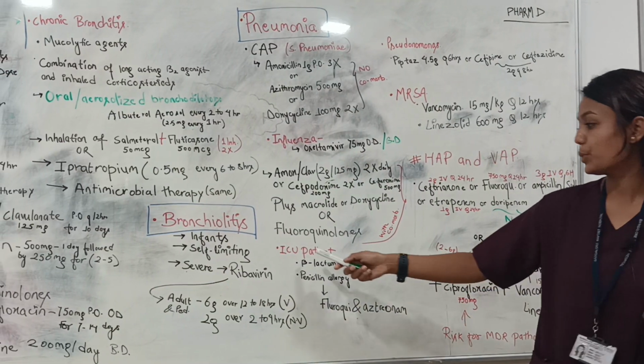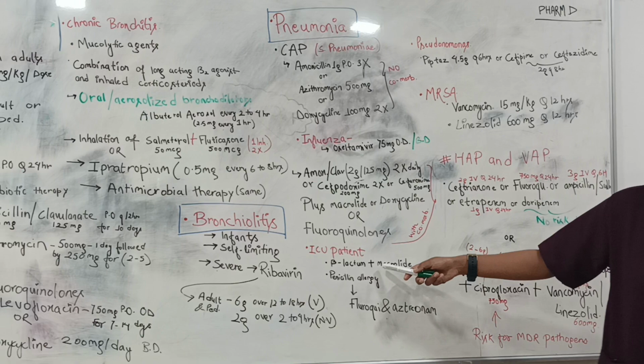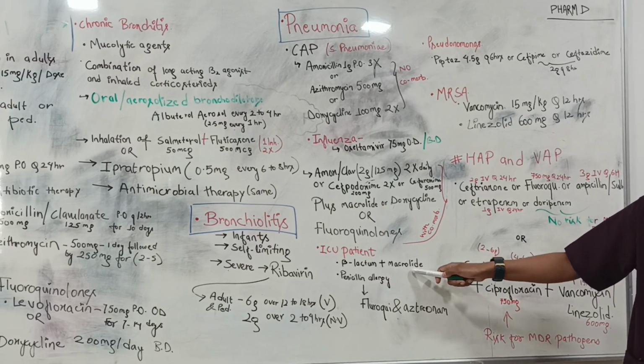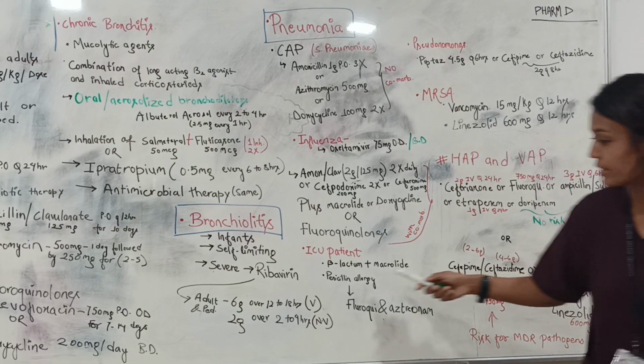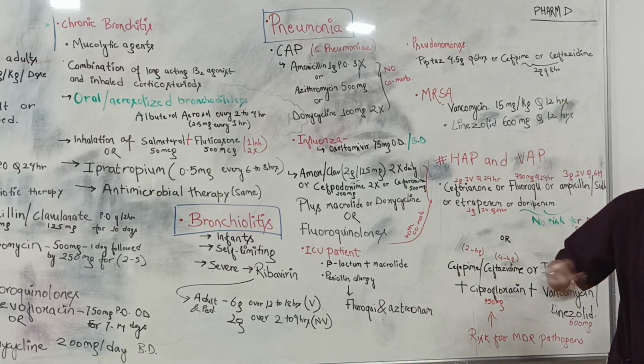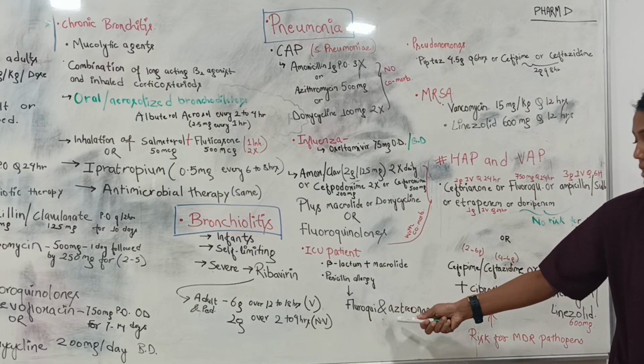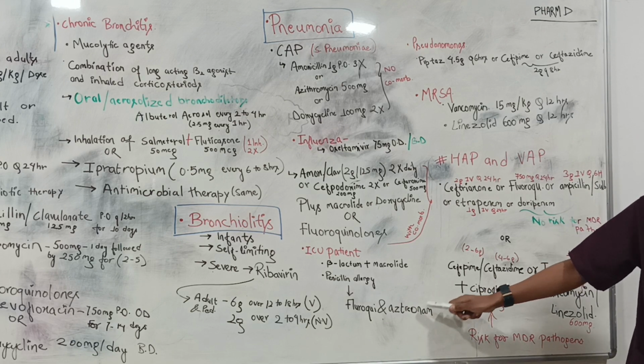So in case of an ICU patient, we can use beta-lactam antibiotics plus macrolides, same as this one. And if the patient is penicillin allergic, we can use fluoroquinolones and azithromycin. Azithromycin is the monobactam.